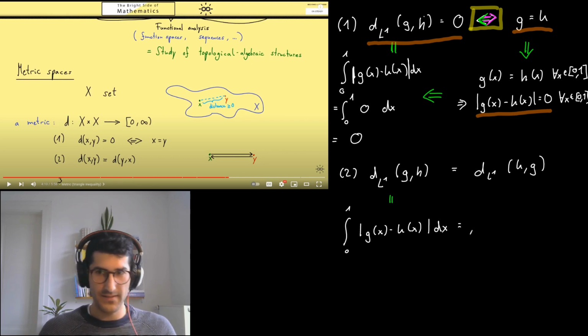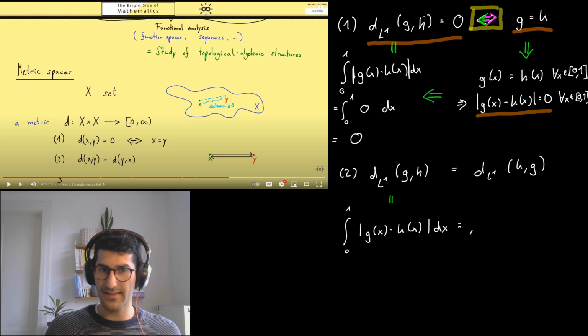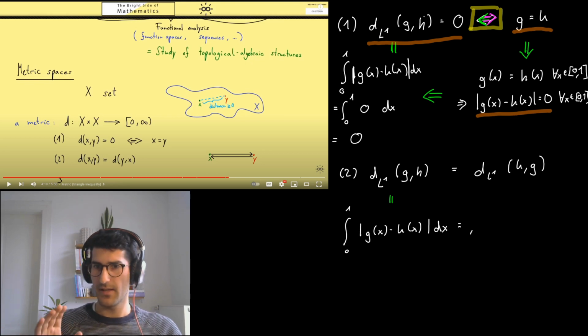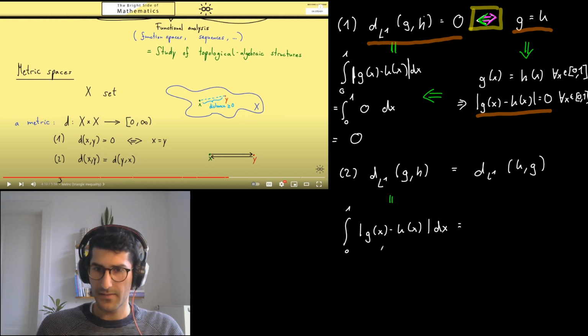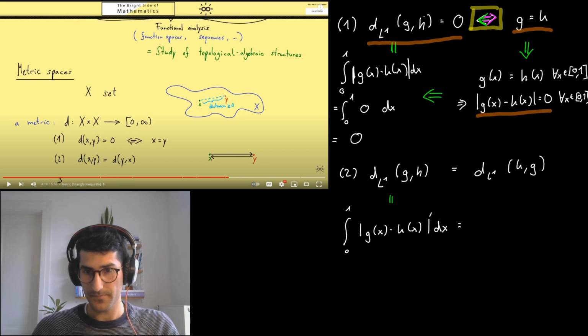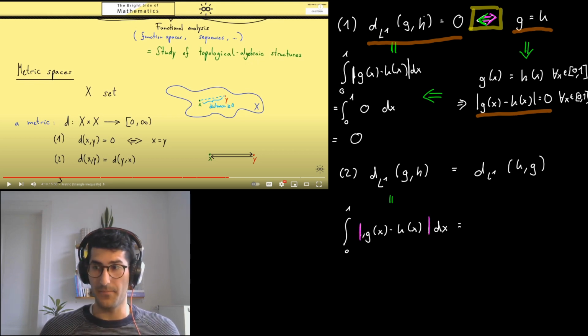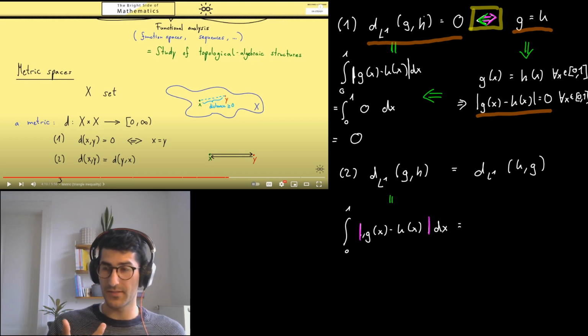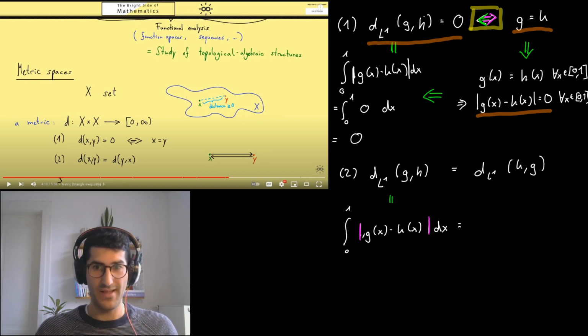When we work in these complicated spaces, we recycle a lot of the knowledge that we already have in the finite dimensional setting and information that we know from real analysis, because something that we know is the argument of the absolute value does not care about the sign. So we could just multiply everything that is inside our absolute value by -1 and not change the value of the absolute value.